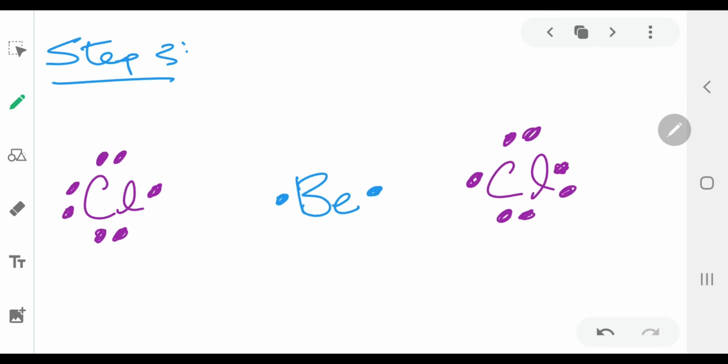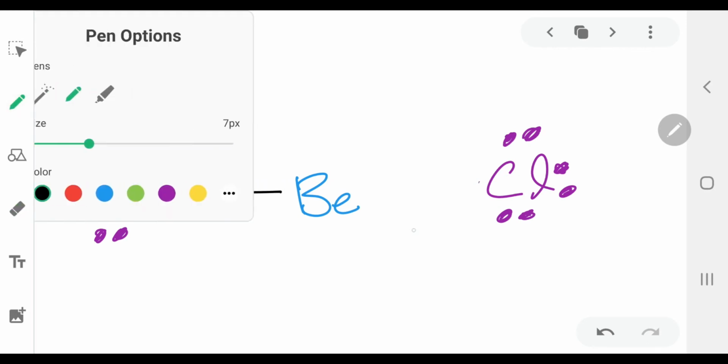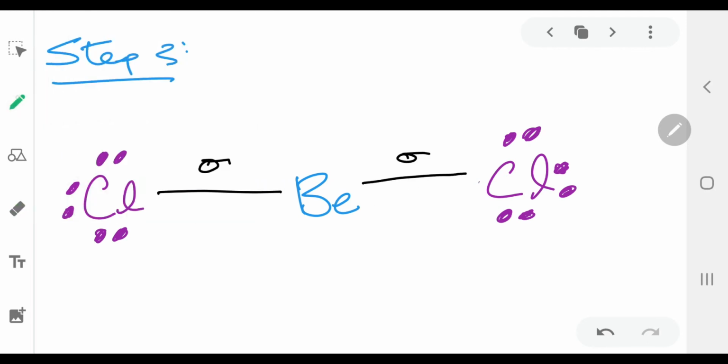So moving on to step 3. When you look here, you have unpaired electrons. So unpaired and unpaired, you will form a bonding pair. Unpaired and then another unpaired, you're going to form another bonding pair.